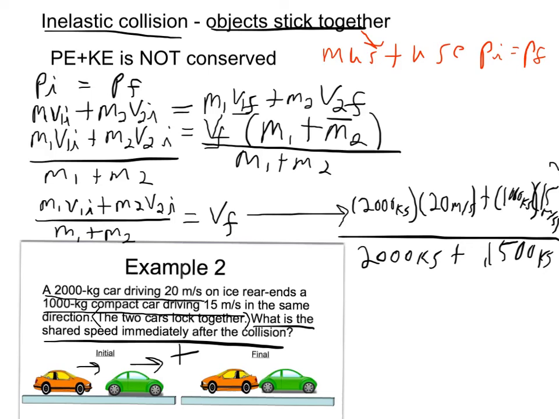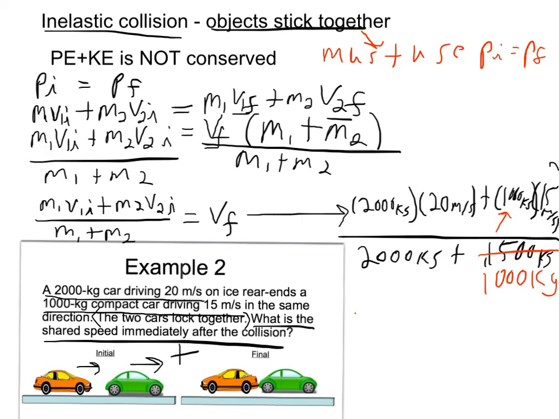As I was starting to do that, I realized I made a mistake here. The mass of that second car is 1,000 kilograms, not 1,500 kilograms. It doesn't make any other difference because I got it right up here. But as I was typing that in the calculator, I realized that's a 1,000 kilogram car, not a 1,500 kilogram car.